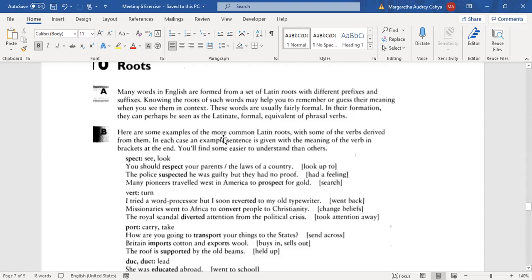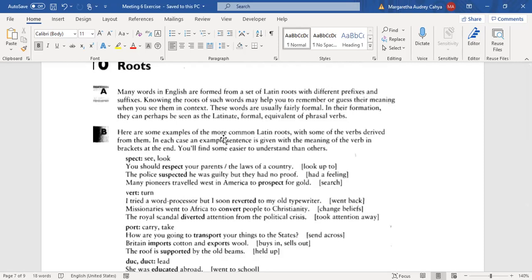So, jadi ini maksudnya, banyak words yang bahasa Inggris itu asal muasalnya dari bahasa Latin, originalnya itu, yang memiliki berbagai macam prefix kata awalan dan suffix kata tambahan yang ada di belakang begitu.